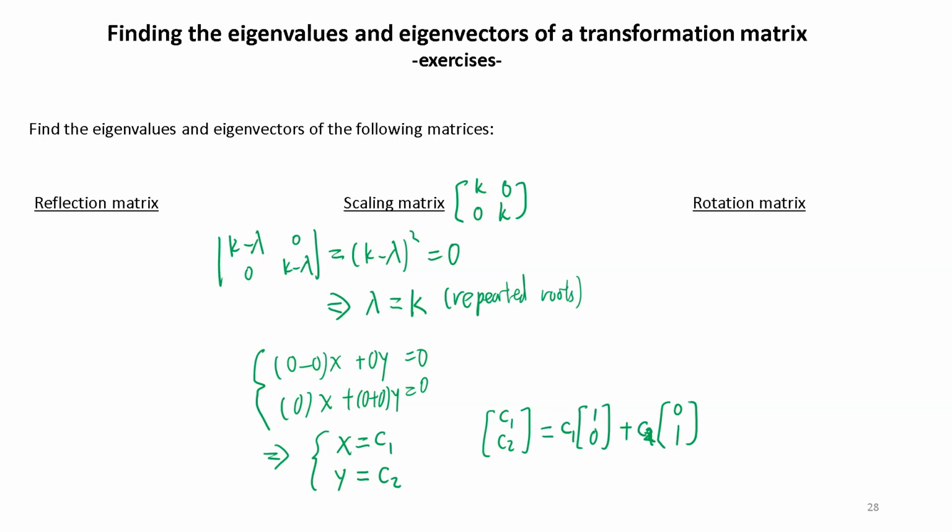Then I will say that (1, 0) and (0, 1) are the pair of eigenvectors that we choose. And really, any linear combinations of this (1, 0) and (0, 1) will also work. So if you don't like (1, 0) and (0, 1) to be your answer, you can say (1, -1) and (1, 1) to be your answer.